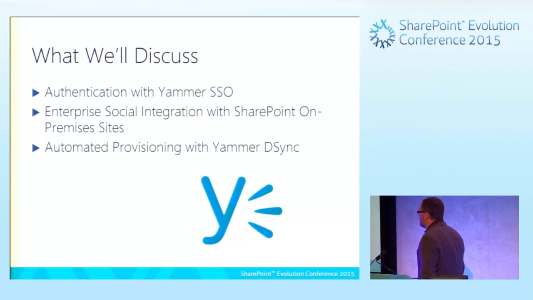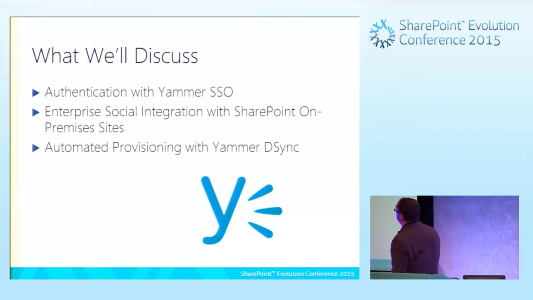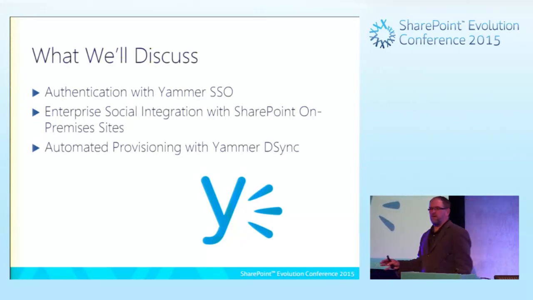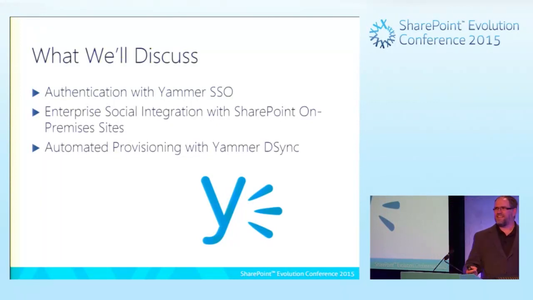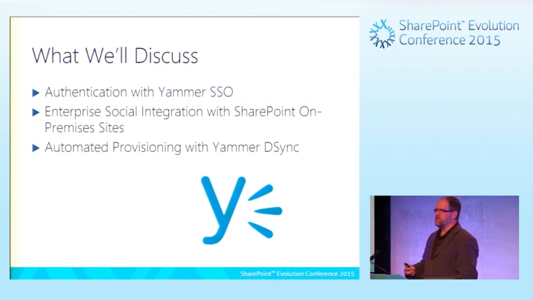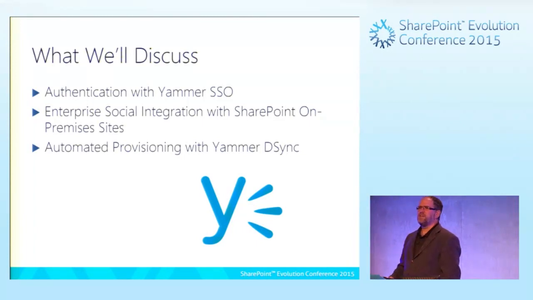And we're essentially going to focus on the three different areas in which you can do integration between Yammer and a SharePoint on-premises environment, and that includes the authentication area, that includes enterprise social integration, so embedding different Yammer groups within your SharePoint sites, et cetera.